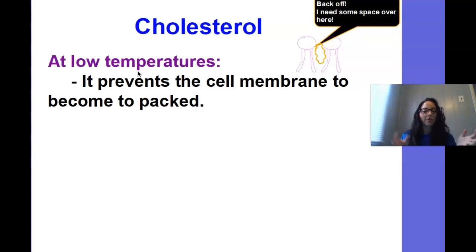So remember, things tend to solidify at very low temperatures. So when those phospholipids that are next to each other are starting to become very packed, the cholesterol is there as a cushion to prevent that. So it's here preventing them from being so packed together.